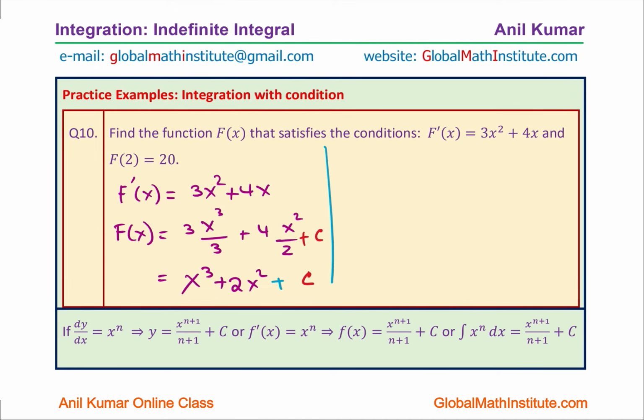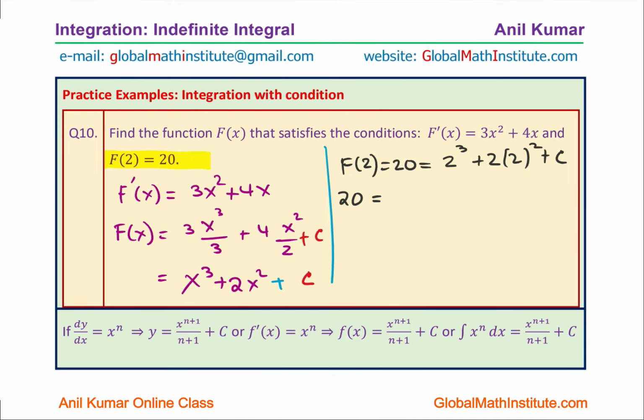So the condition is that f of 2 is 20. When I substitute 2 for x, we get f of 2, which is equal to 20. Let me substitute 2 in the equation given to us, which is 2 cubed plus 2 times 2 squared plus c. Makes sense, right? So we can solve for c now.